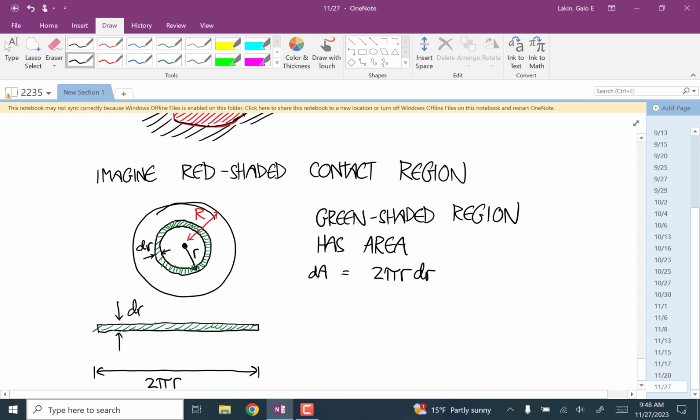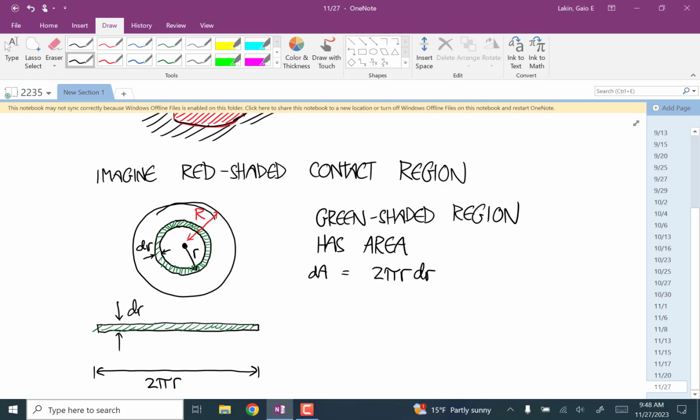Okay, so with this ring, it's more complicated than the journal bearing case, because depending on how far this infinitesimal ring is from the center, even if the normal force were the same in this ring as one closer to the center, it has a bigger moment arm, and so it's going to apply a bigger couple.